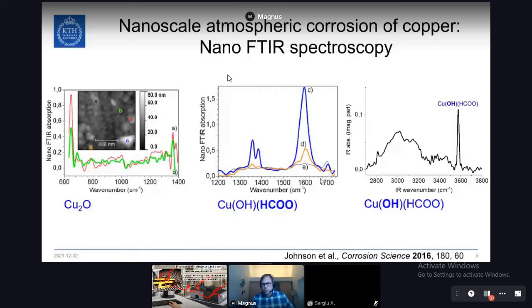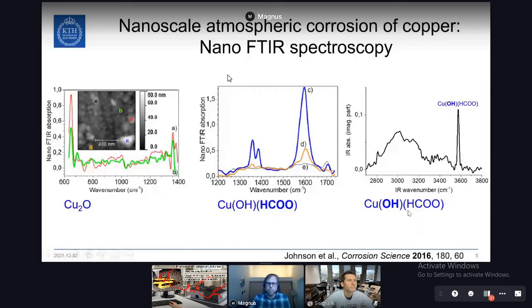We can also study with another broadband laser the upper frequency region, and here we can probe the OH vibration of the copper hydroxy formate at 3570 wave numbers. So we have 2 different ways of probing these copper hydroxy formate molecules at the nanoscale. So we can identify them there.